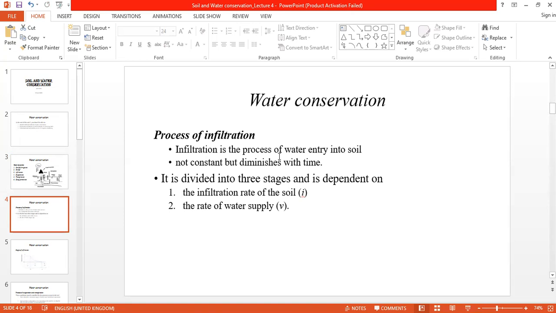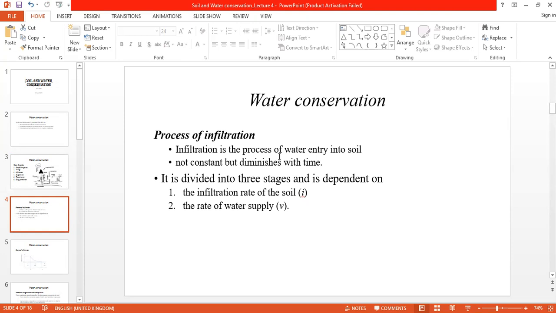Then with time, as water increases in the soil, it will start to reduce. The rate at which it's entering will start to reduce because most of the soil pores are now wet, and the soil surface is also wet, so that the rate of entry reduces.